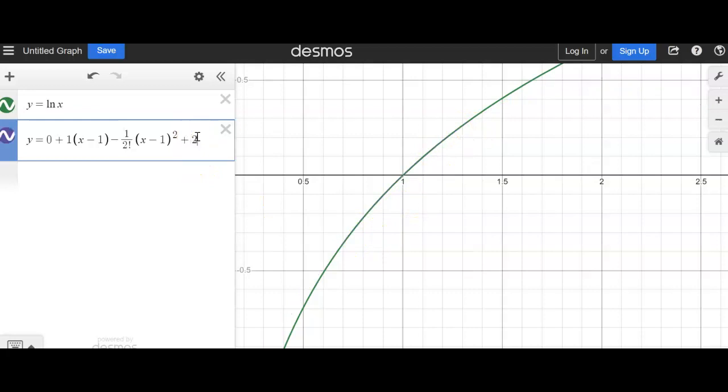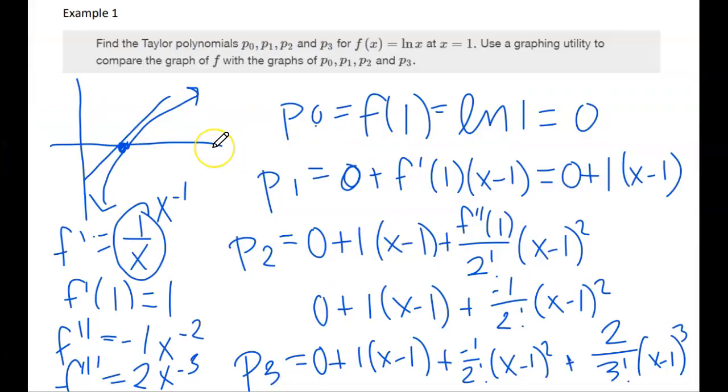All right, then it was plus 2 over 3 factorial times x minus 1 to the third. Okay, a little bit better. And so we can see as we look at those partial sums, as we're increasing our polynomial degree, we're getting a better approximation of the natural log function over time.